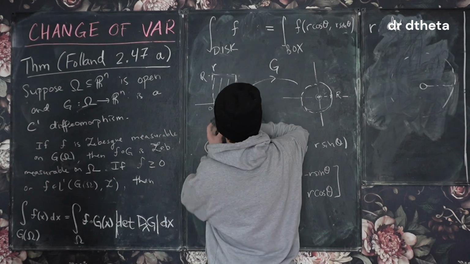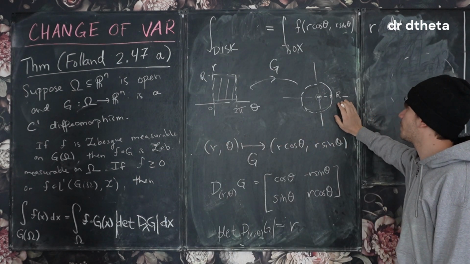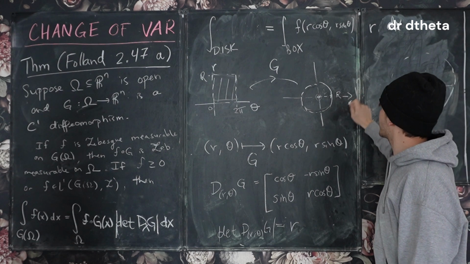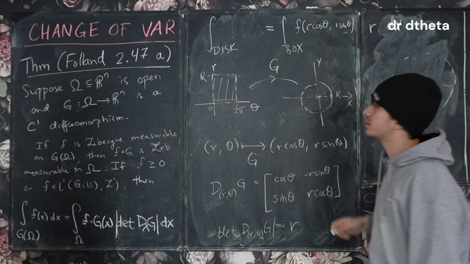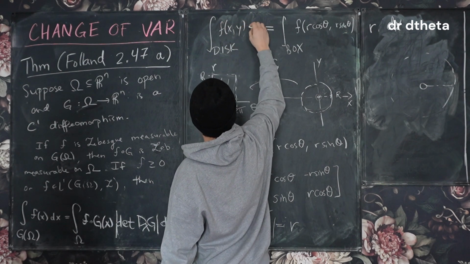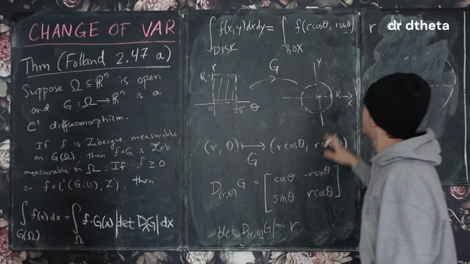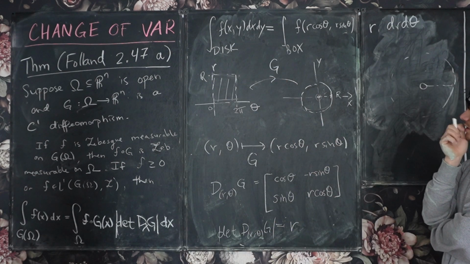At the disk, let's say we have coordinates on the disk, maybe x, y. So this should be like f of x, y, dx, dy. Right. And then, correct? I think this is correct.